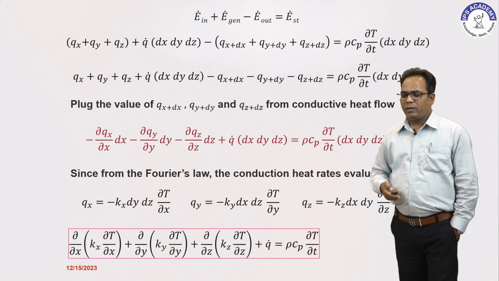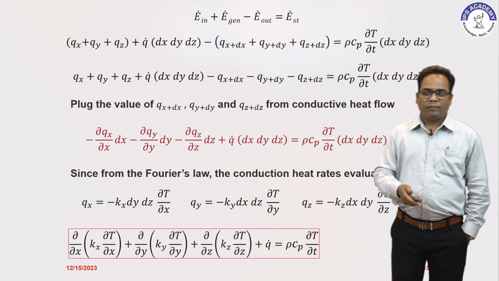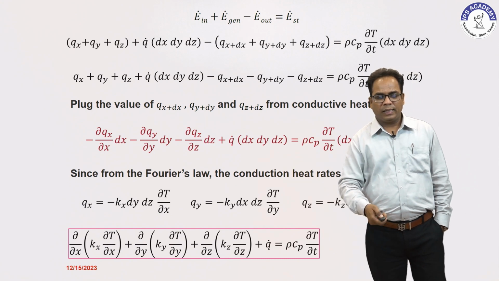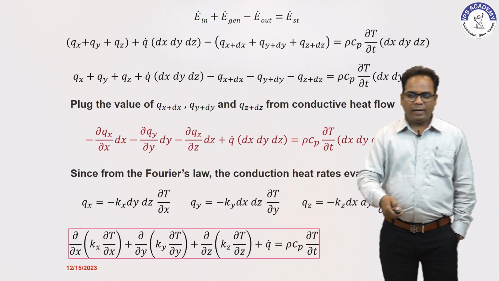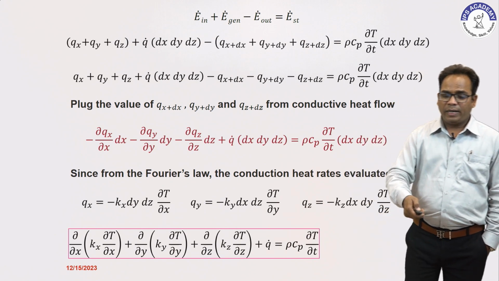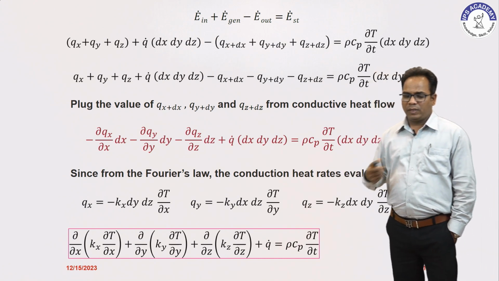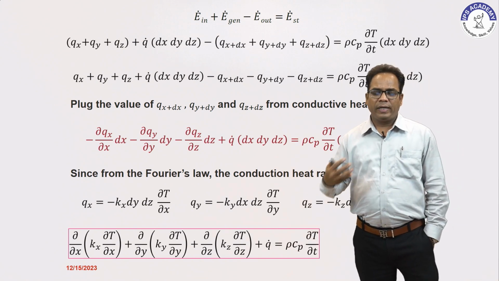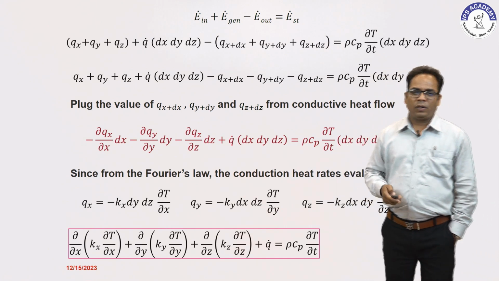After the substitution of Fourier's law of heat conduction, we have the final form of this equation, that is delta upon delta x bracket kx times delta T upon delta x, similarly for y and z as well, plus the rate of heat which is generated within the control volume, equal to the rate of change of energy within the control volume.